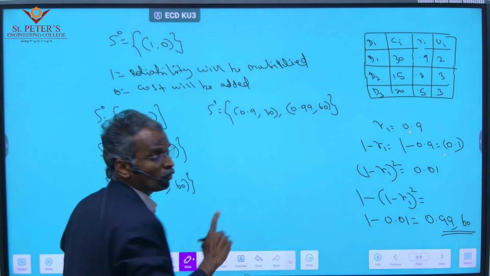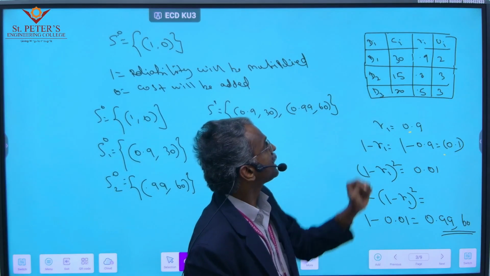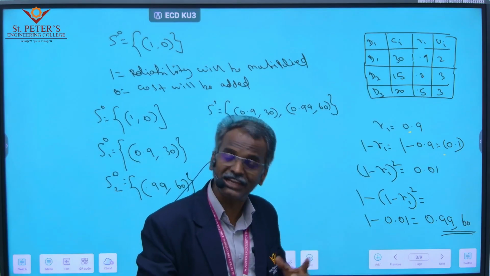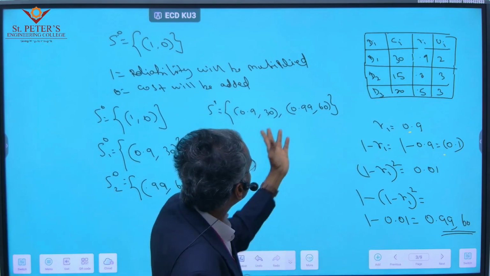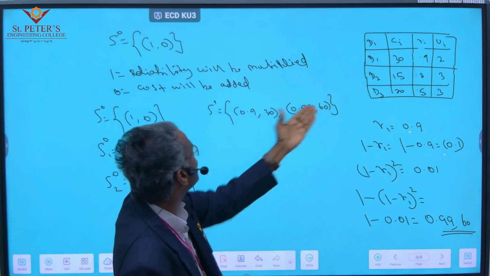for the second device, first copy, the reliability ratio is 0.8 and the cost is 15. So just multiply that reliability ratio and add that cost with the set that we have prepared.